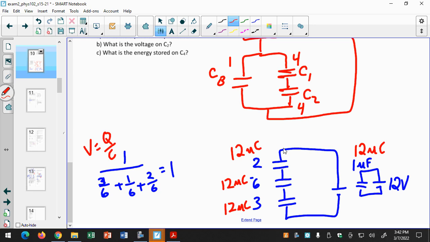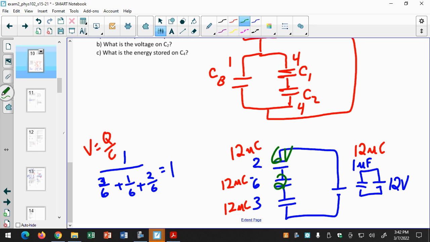I found the charge here. Q is equal to C times V. 1 times 12 is 12. Capacitors in series have the same charge. So I have the charge here, all the same, and they're all the same as the equivalent. Now I can figure out the voltage, which is going to be 12 divided by 2, or 6 volts.